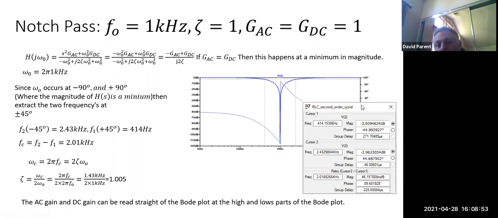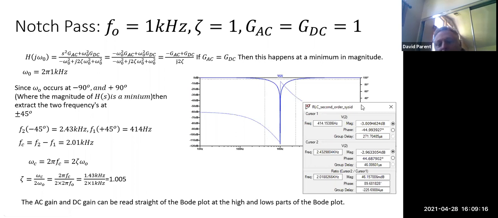You have your low frequency gain and your high frequency gain. They don't have to be the same, though I try to make examples that are. But still, the bandwidth is the same, except here it's going to be minus 45, and this one's going to be plus 45.